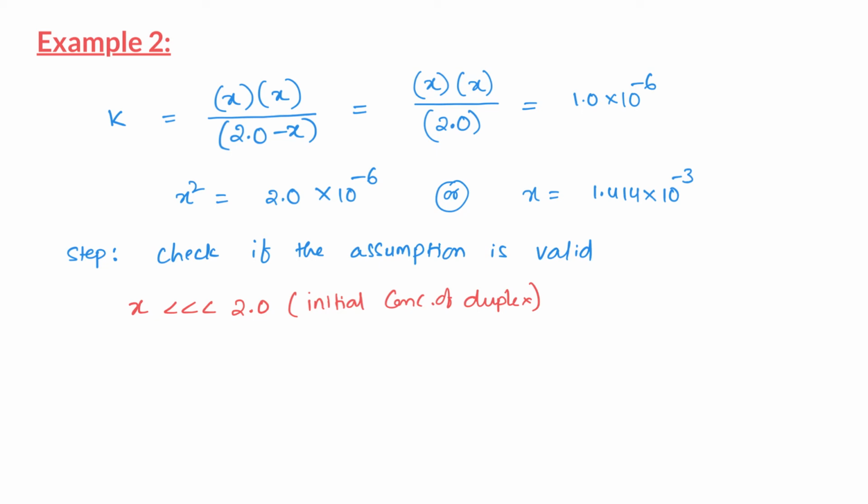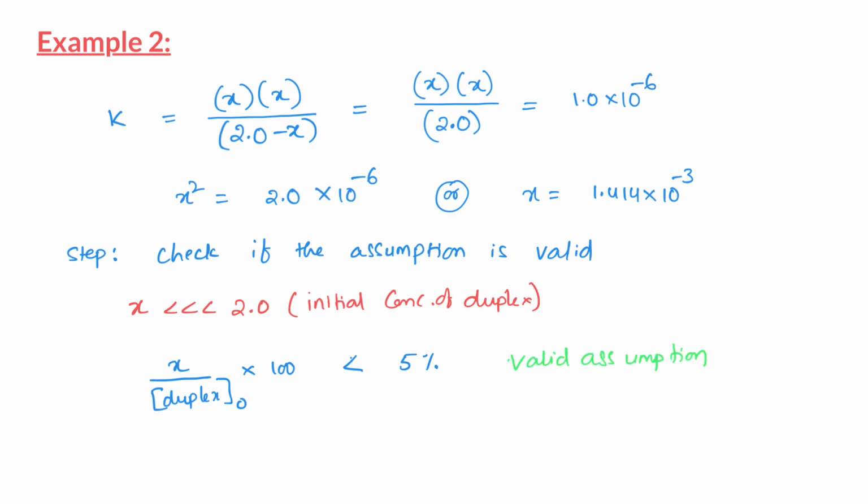Let us see if this value is small relative to the initial concentration of DNA duplex. The way we do it is, we calculate what percentage of the initial concentration is the value of X. That is, we calculate the value of X divided by the initial concentration times 100. If this percentage is lower than 5%, our assumption is valid.